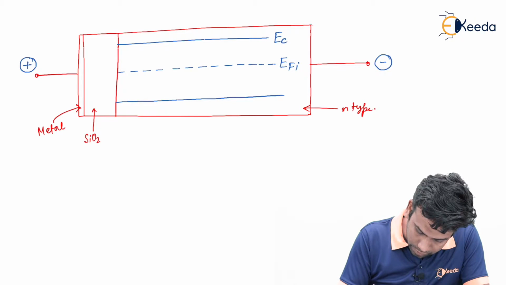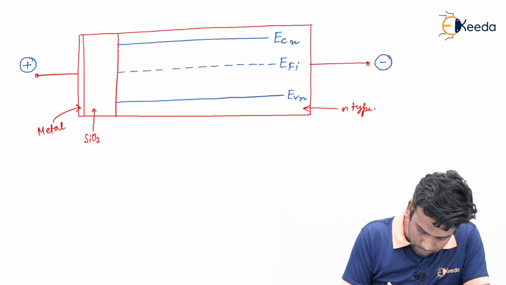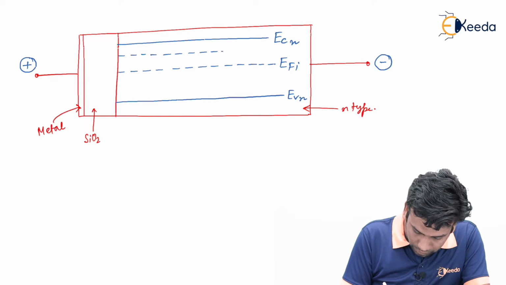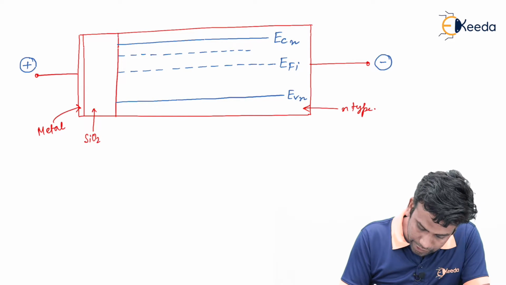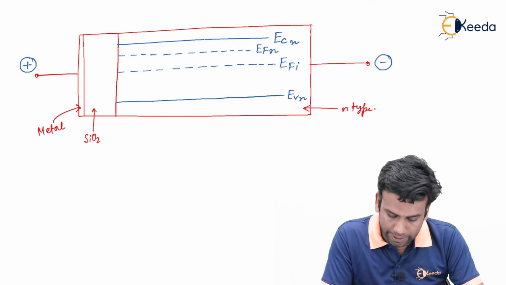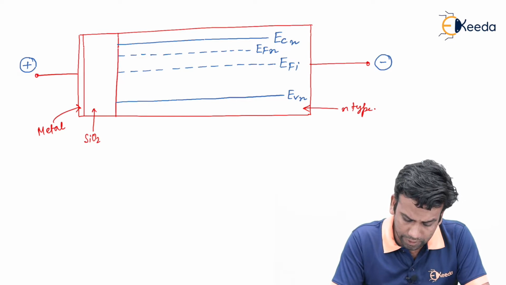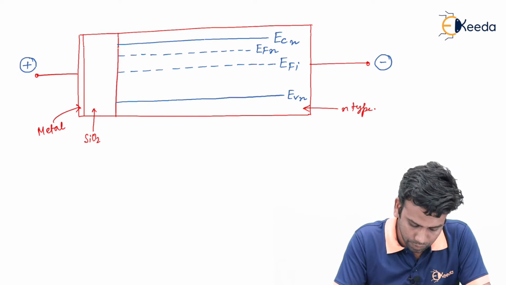So this is the conduction band, this is the valence band of the N type, and since it is an N type material, the Fermi level will be near the conduction band. So this was the band diagram before the application of external voltage in the accumulation mode.